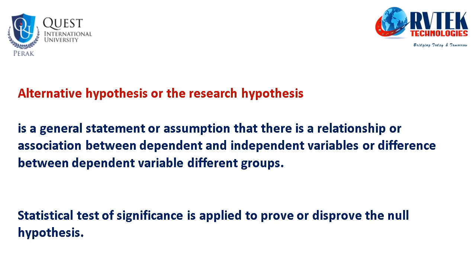Either a parametric test or a non-parametric test is applied. We need to check if the difference or association is statistically significant or not. If statistically significant, we are disproving the null hypothesis. If the finding is not statistically significant, we are proving the null hypothesis.